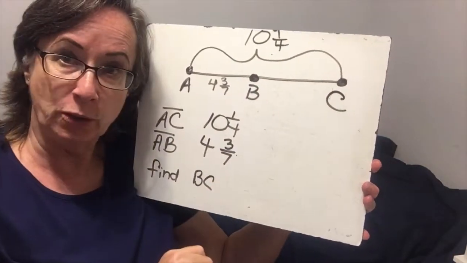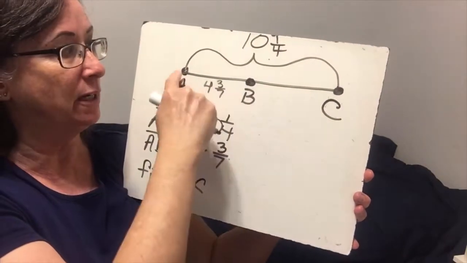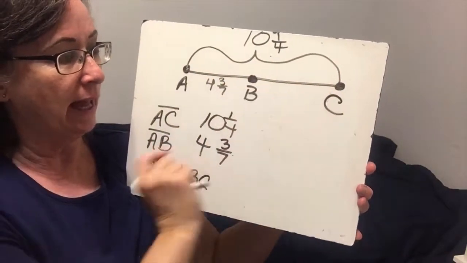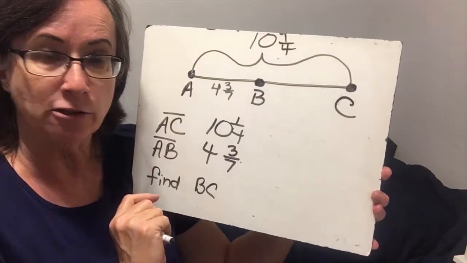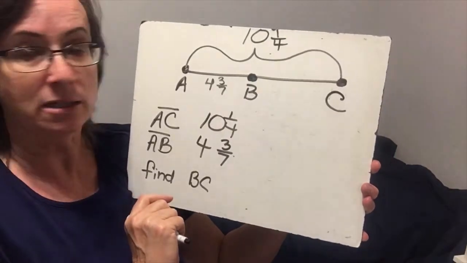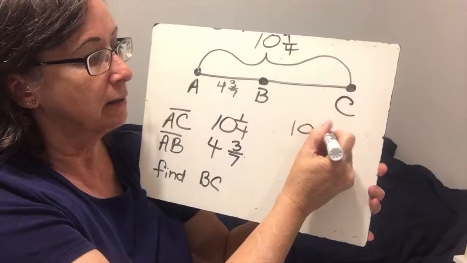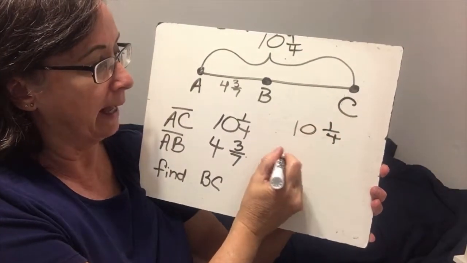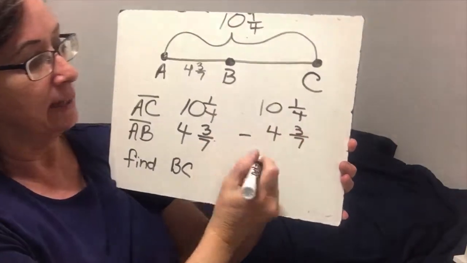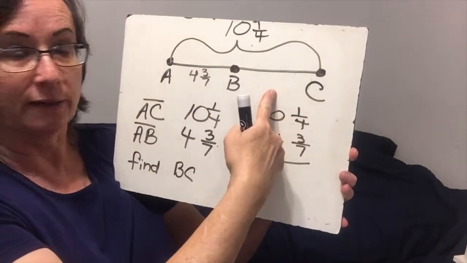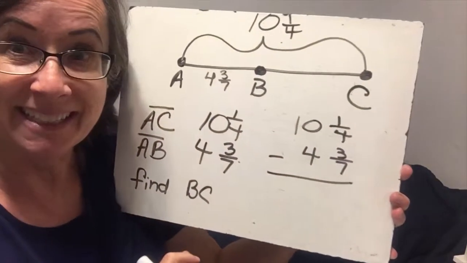So what are we going to do to get that done? If we want to find BC and we know the entire AC and we know AB, could we make this a subtraction problem and say the answer is going to be 10 1/4 take away 4 3/7 is going to be the answer left over. So this one minus this one gives us this one, and that's what we need to do, isn't it?